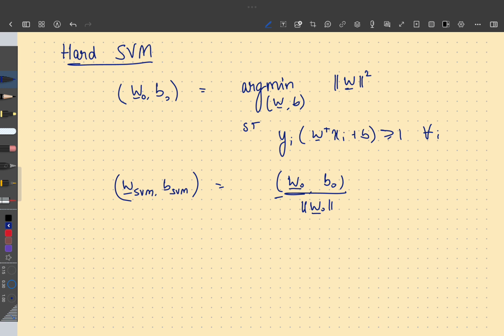So you take the output of this optimization algorithm, the solution, and then you normalize it by the norm of W0.